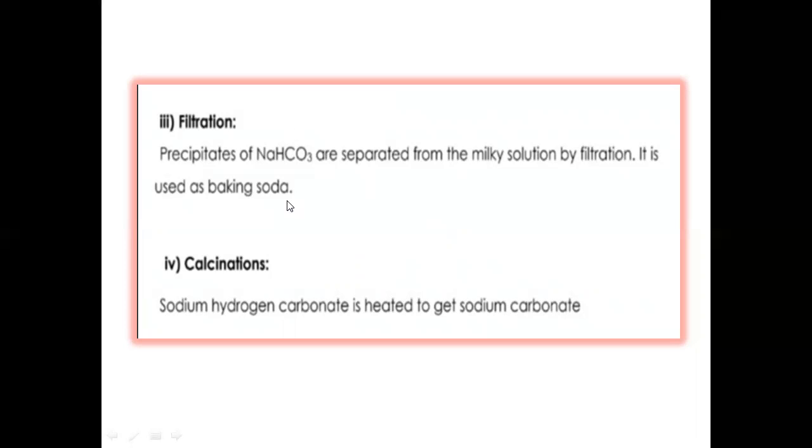Then the next step is calcination. This sodium hydrogen carbonate which is formed is heated to get sodium carbonate, which is our required product, that is soda ash, sodium carbonate, also called washing soda.